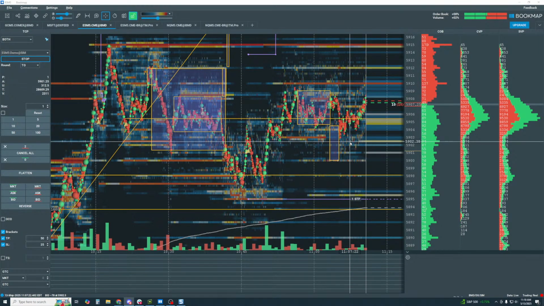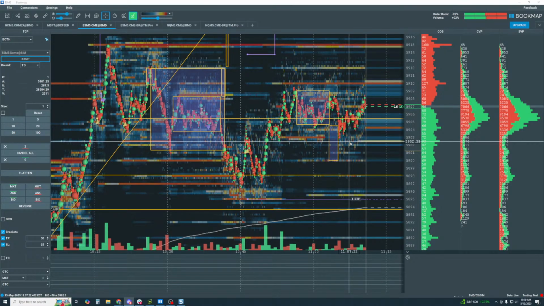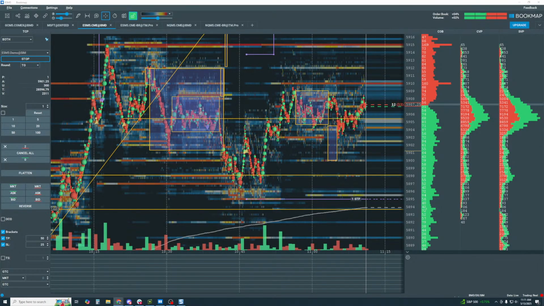No, I don't use initial balance, Richard. With VWAP, I really just look at the order flow. Initial balance, like we covered the ORB trade, the opening range breakout, in that course.